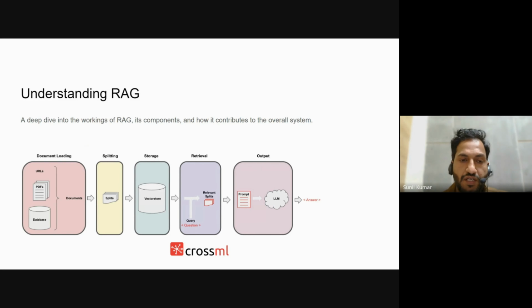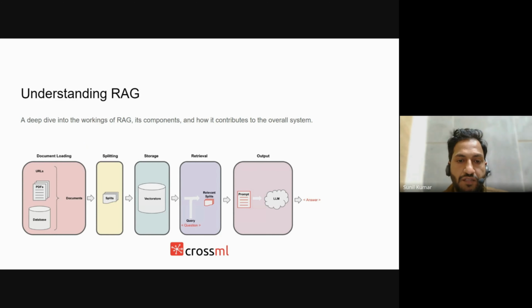Whenever it is converted into chunks, we need to store them in a database, or you can say you make a knowledge base from where your LLM can pick the knowledge and give you a relevant or contextual answer.